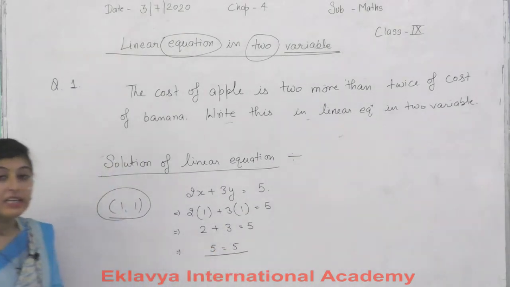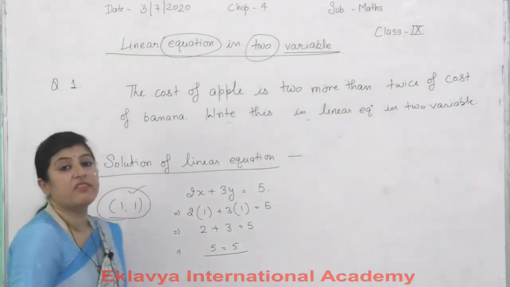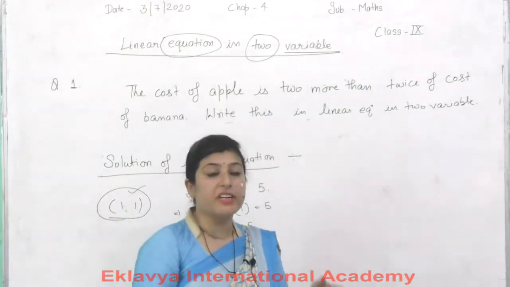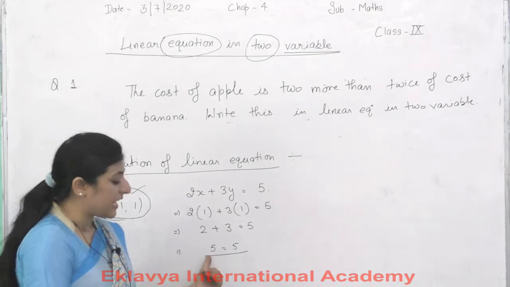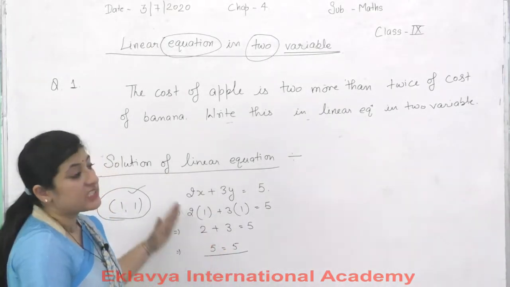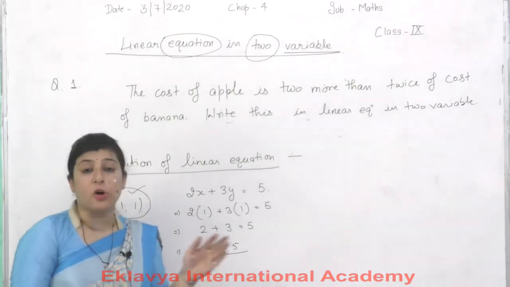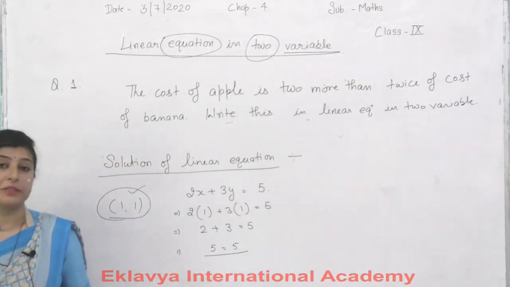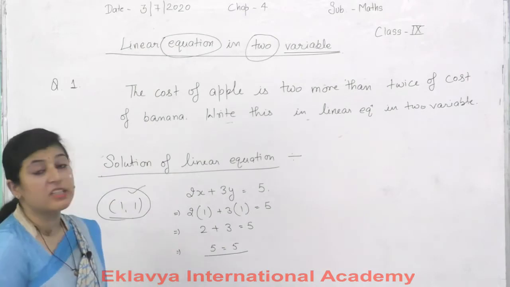It means these values of x and y satisfy our given equation, we find LHS is equal to RHS. It means it is one solution of this given equation. This is only one solution.